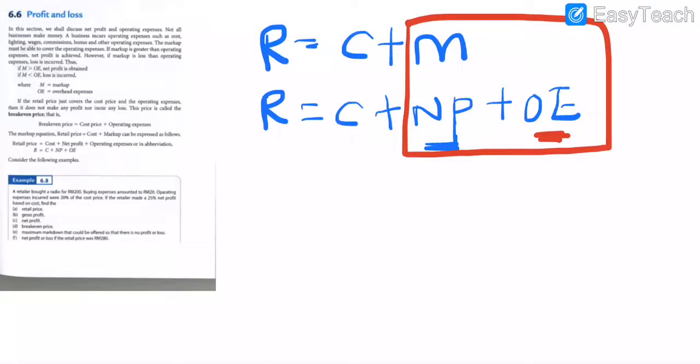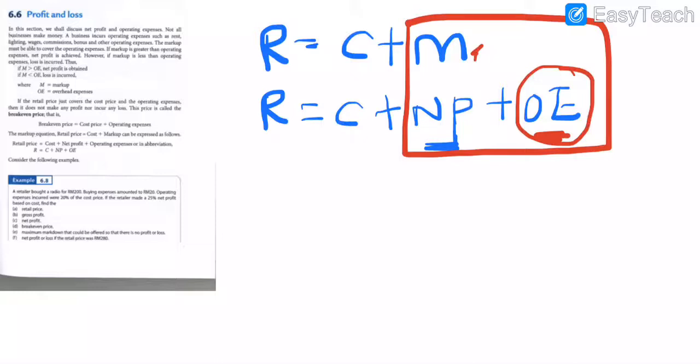Cuma previously we learned about the markup, we did not separate it as what is our operating expenses and what is our net profit. So operating expenses ini adalah cost yang involve untuk kamu producekan satu barang, tapi dia tidak consider as a direct cost. Let's say for example, saya produce nasi lemak.